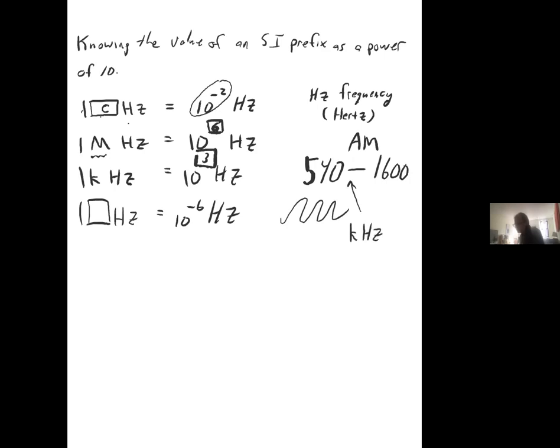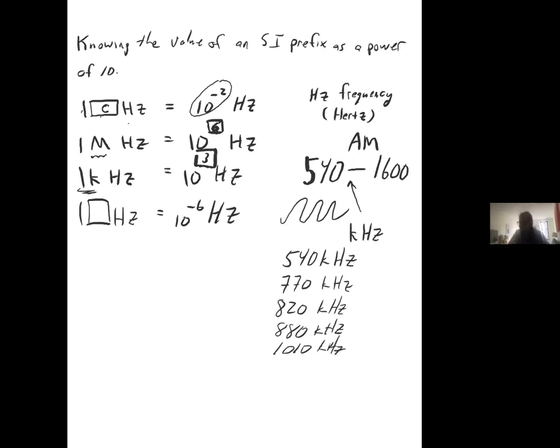So 540 kilohertz. In New York City, 770 is a big one. 820 is a big one. 880, 1010. There's other ones as well. But those are all in kilohertz. So 10 to the 3 kilohertz, that's 1,000 hertz, really.